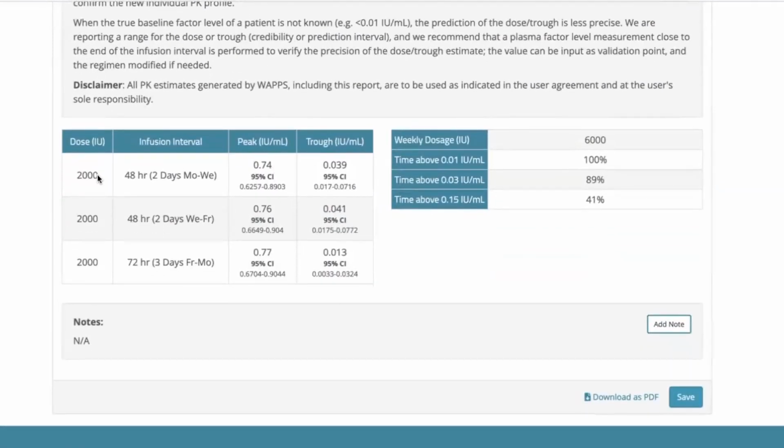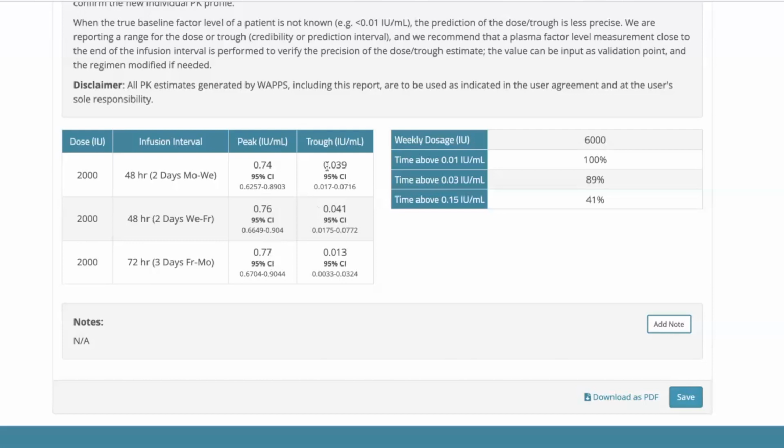This table tells you the patient takes 2,000 units 3 times a week. There are 2 short intervals, 48 hours, Monday to Wednesday, Wednesday to Friday. And then there is a long interval, Friday to Monday. The peak goes higher and higher. It starts at 74% on the Monday, 76 on the Wednesday, 77 on the Friday.